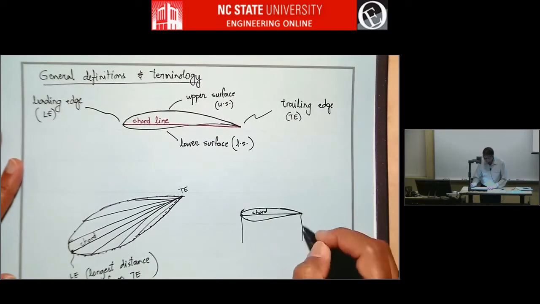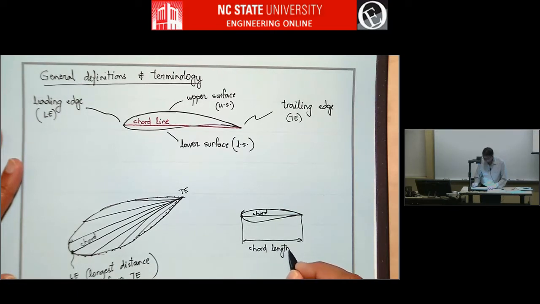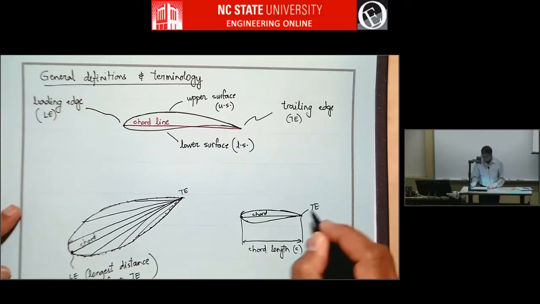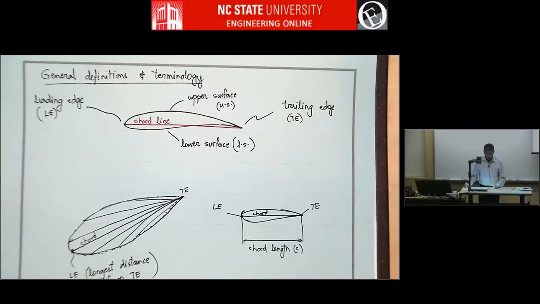This distance is called the chord length, and that's usually denoted by the symbol C. So chord and chord length are somewhat interchangeable. Somebody should really say what is the chord length of this airfoil, but they'll just say what is the chord of this airfoil. It means the same thing. So the chord connects the trailing edge with the leading edge, and it's the longest distance for any segment connecting the trailing edge and any other point on the airfoil.